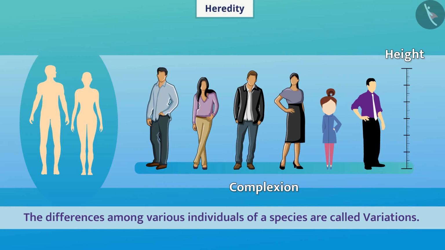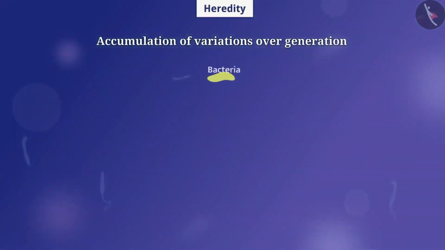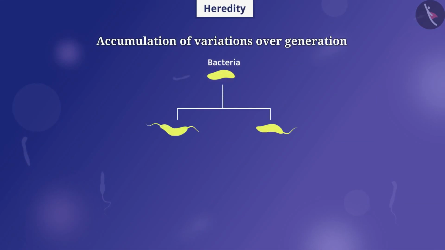For example, consider this as a bacteria, which produces two individuals during reproduction. We can see traits inherited from a parent to its next generation. In addition to this, we also see some variations.